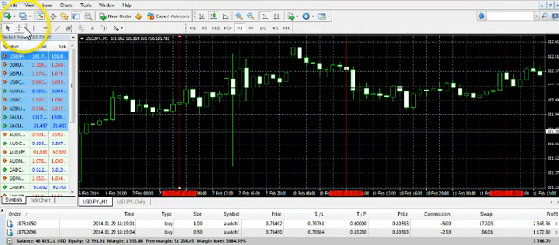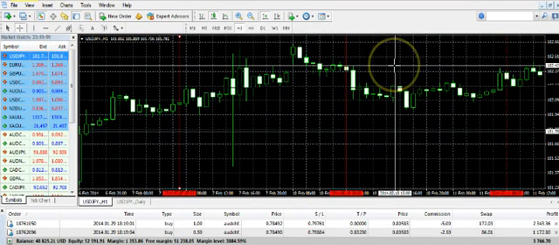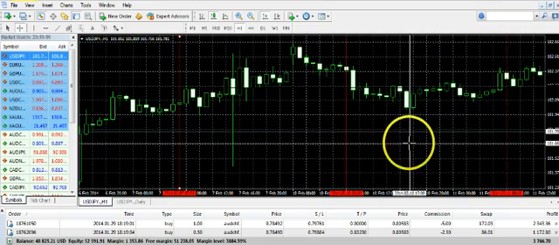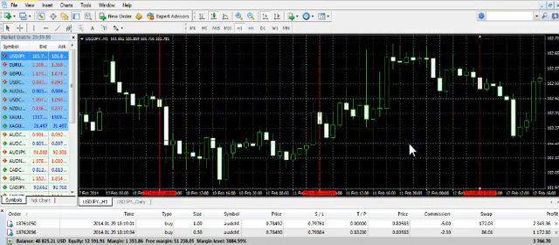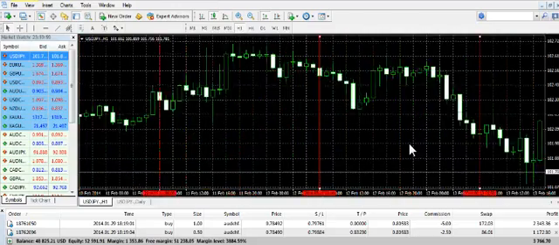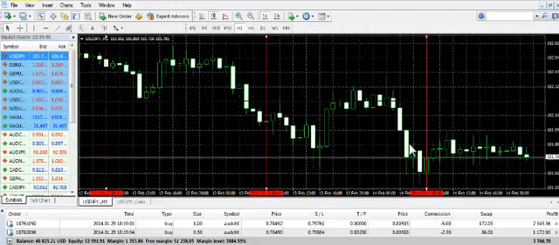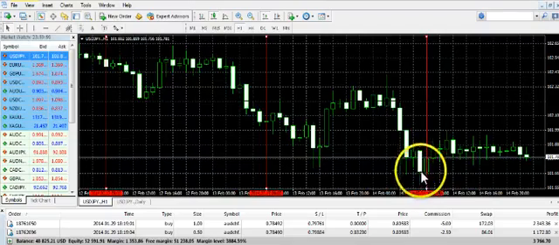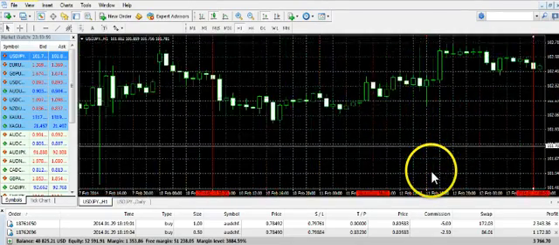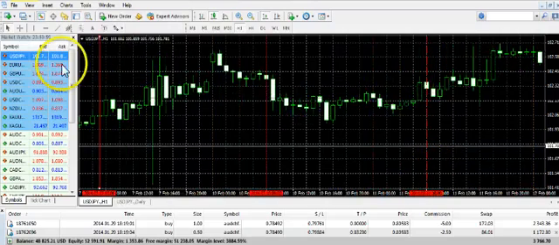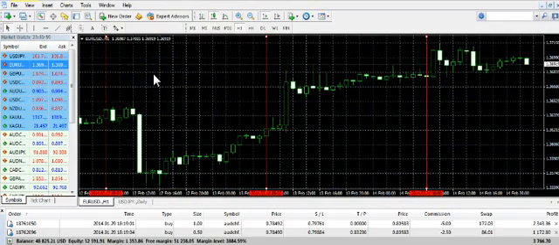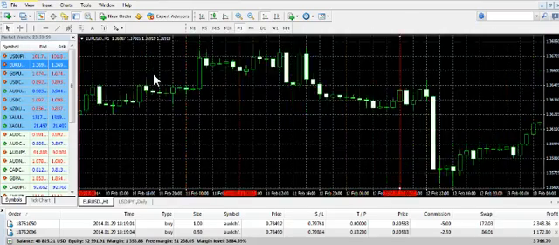This one, it's a bit tight because it closed close to where it opened, but that was the high of the day. And this was a rubbish trading day, but that was the low of the day. So we've looked at about 10 days there and we've got about 4 examples. So that is over 30%.